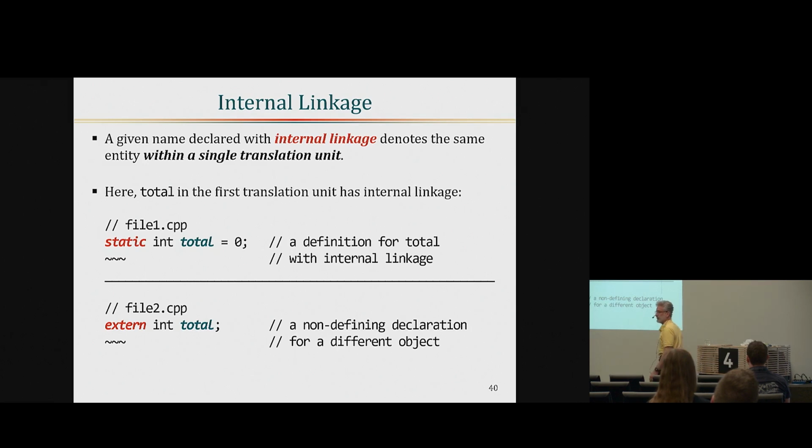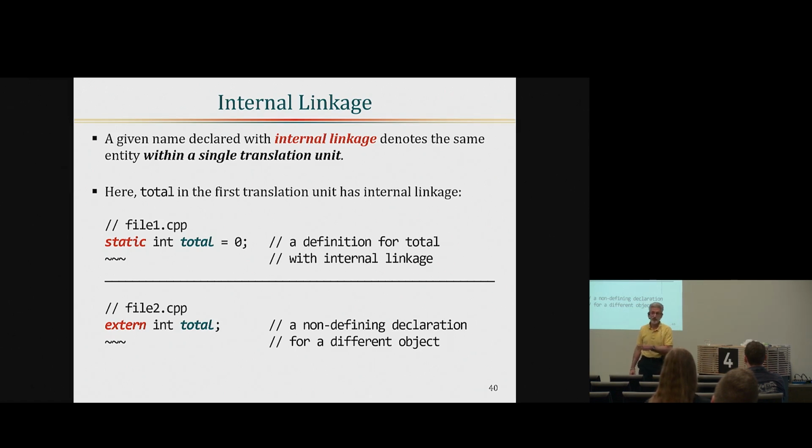Compare that with internal linkage. Names with internal linkage can be declared multiple times within a single translation unit, and they all wind up referring to the same thing. But nobody outside the translation unit can refer to those things with internal linkage. So here in file 1, we have total now declared with the keyword static.